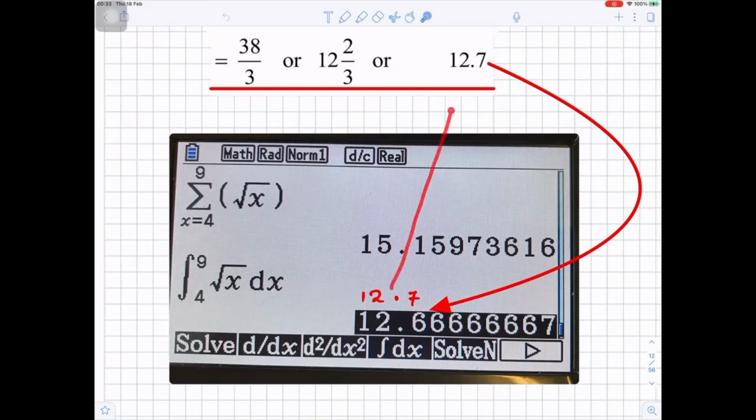So you can see that when you integrate, your answer is much more accurate than when you are summing them up, because with summing you are using bigger slices, but here you're doing very thin slices. So make sure you integrate it to show your working. Don't just use the calculator to get the answer. And that's how you get your answer in the exams.